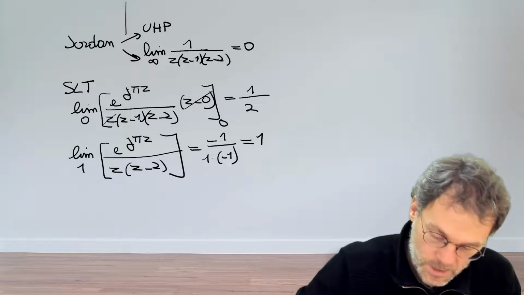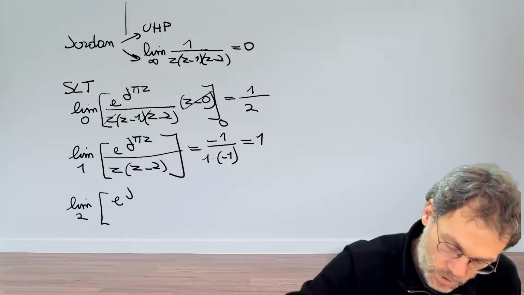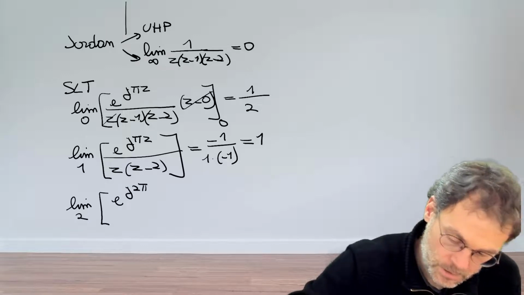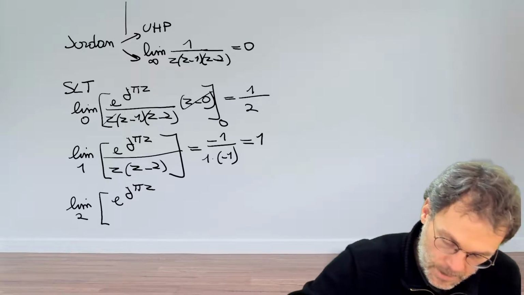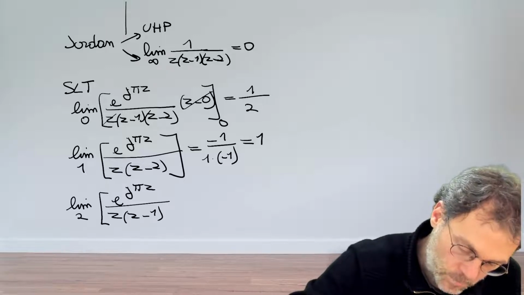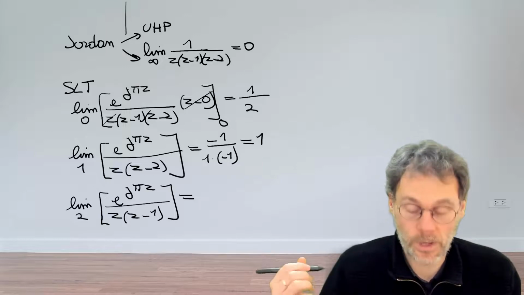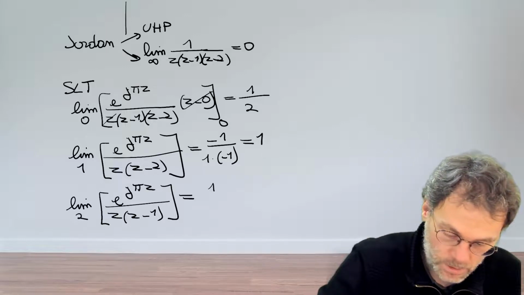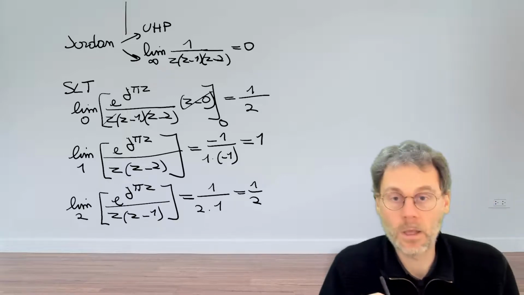And then finally, we have the limit at the point 2 of exponential j pi z, divided by z minus 1. So exponential 2 pi j is going to give us 1. And then here we have 2 and 1. So this is also 1/2.